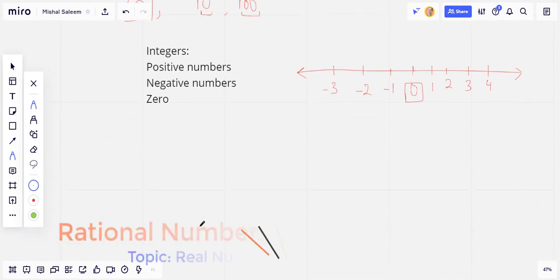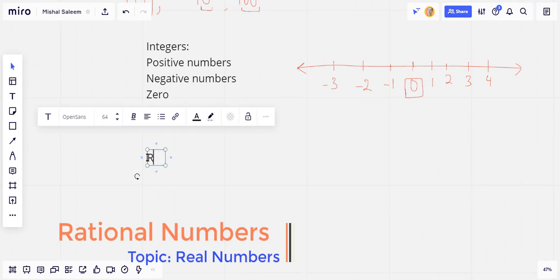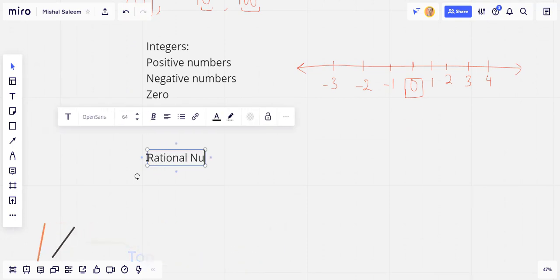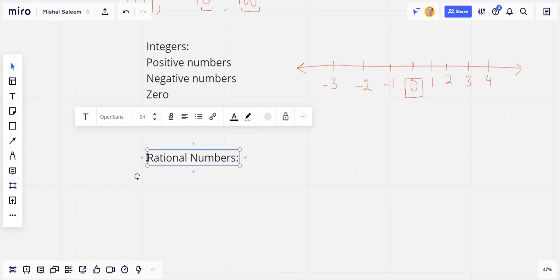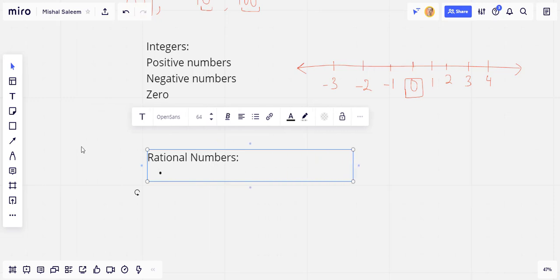Right, moving on. Next one is rational numbers. Now I'm going to define rational numbers in two ways. The first one is pretty simple and not that confusing for fresh learners, for beginners, or for those people who are kind of struggling with math.